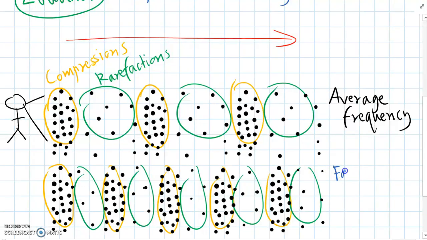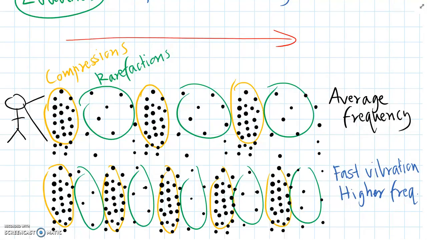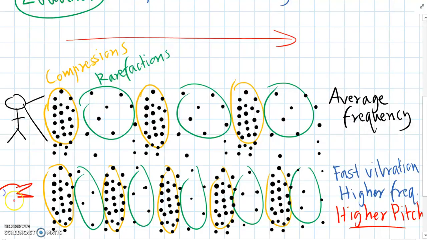So faster vibrations, which means this sound has a higher frequency, and the sound that we hear then will have a higher pitch. So the thing that might make this sound could be a bird. A bird's whistle has a much higher pitch than a person yelling.